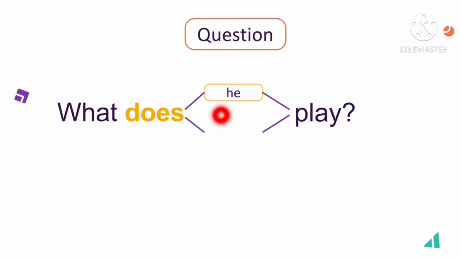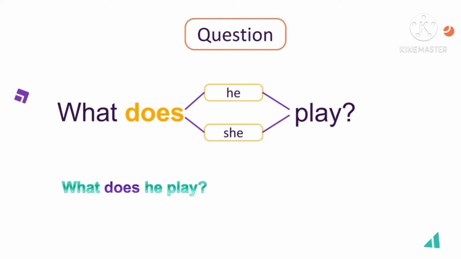So the correct question is, what does he play? Or if the subject is a she, what does she play? Okay? One more time. What does he play? Or what does she play?